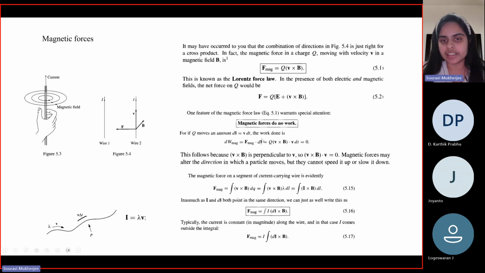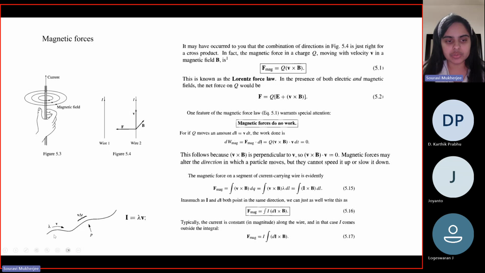So the work done is Q into V cross B dot v dt, and because the magnetic force is perpendicular to the direction of motion, this work done comes out to be 0.